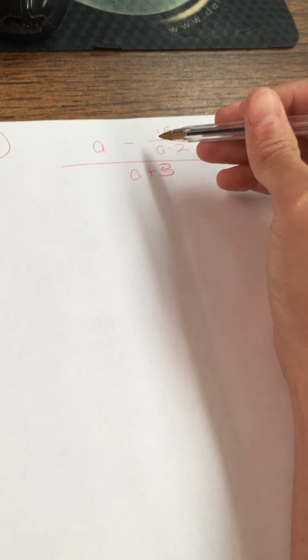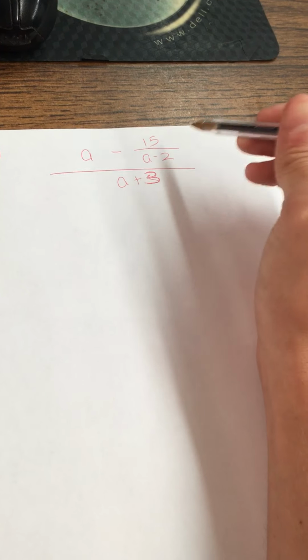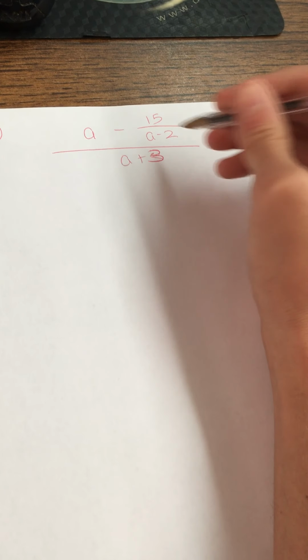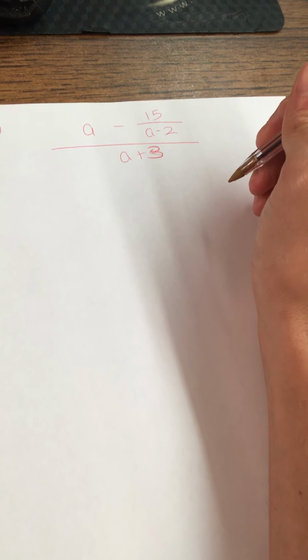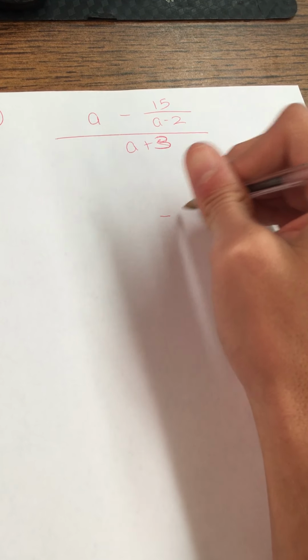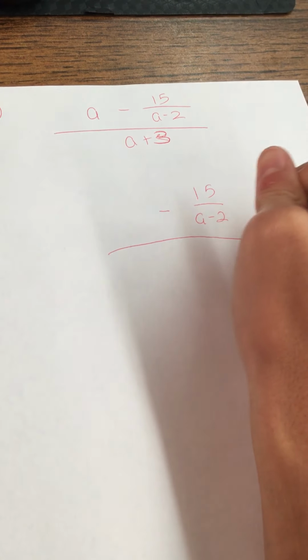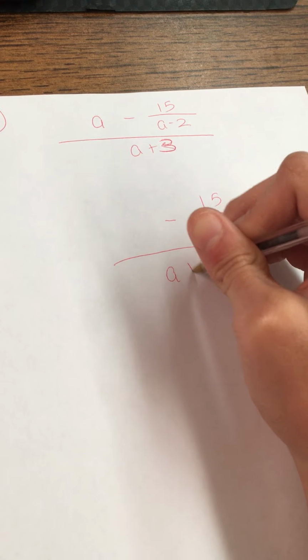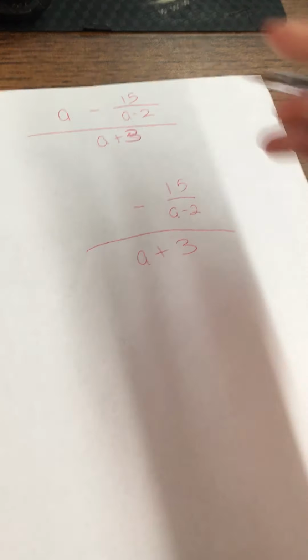But one thing we can't do is subtract a minus 15 divided by a minus 2. Correct? We have to find a common denominator for this top part before we can do anything else. So our common denominator for this top part is going to be what? It kind of eliminates everything else by itself, right?